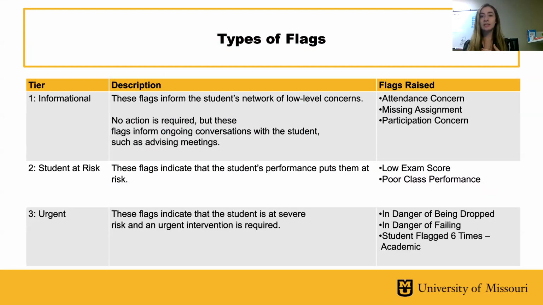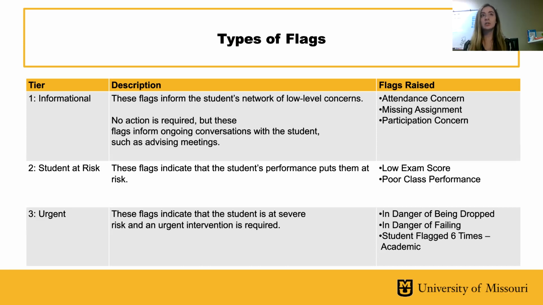We also wanted to highlight the types of flags available. So we did an overview of what flags are out there. But in fall 2022, we actually worked with AALC and different units on campus to implement a tier system for these flags for the outreach process.